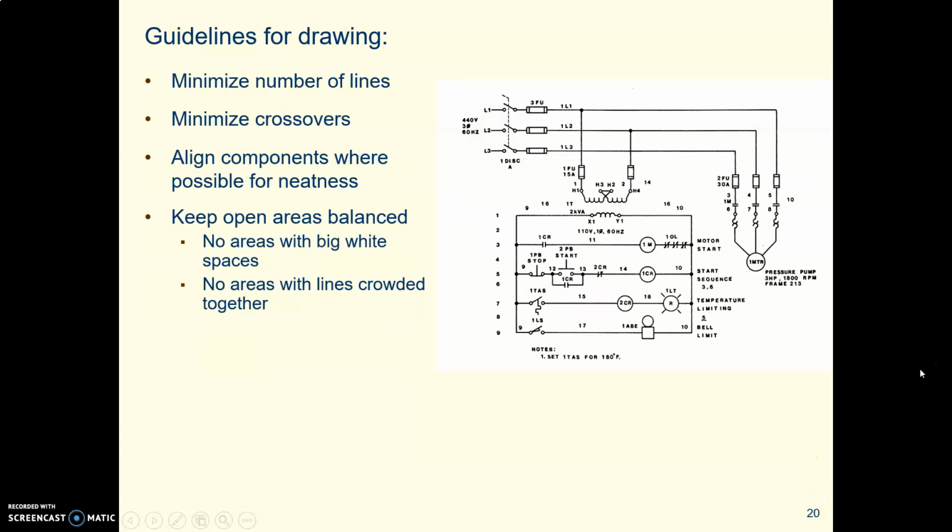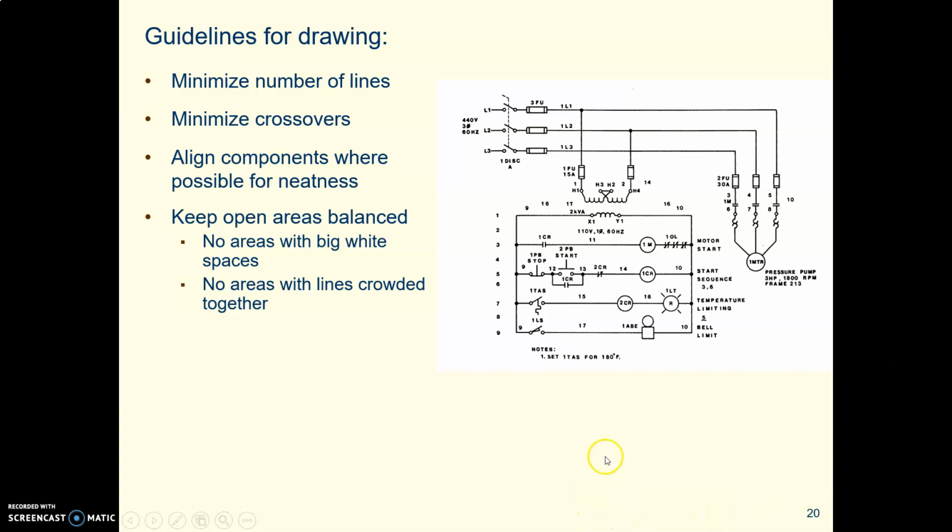Then general guidelines that apply to any professional drawing. We try to keep a clean and uniform looking drawing. So we want to figure out how can we have the fewest number of lines, how can we have the fewest lines crossing other lines.